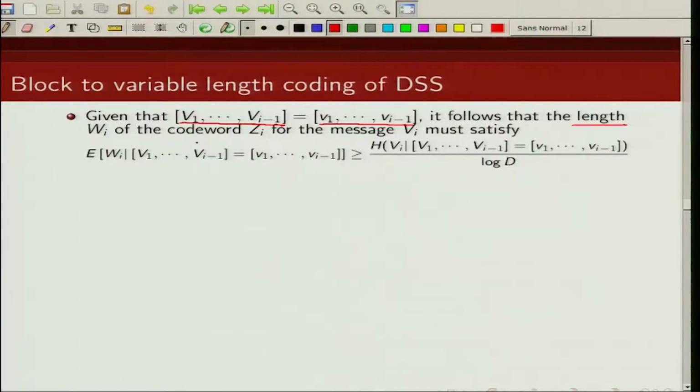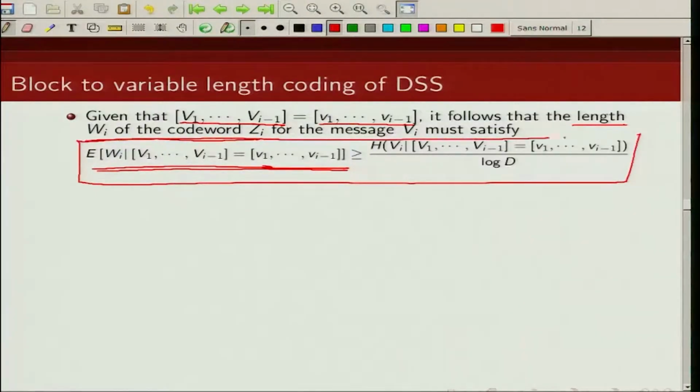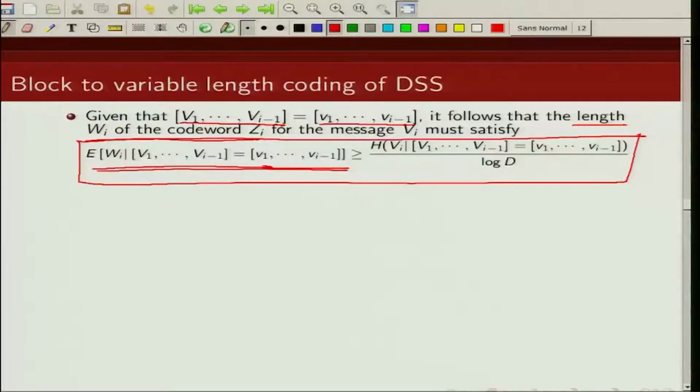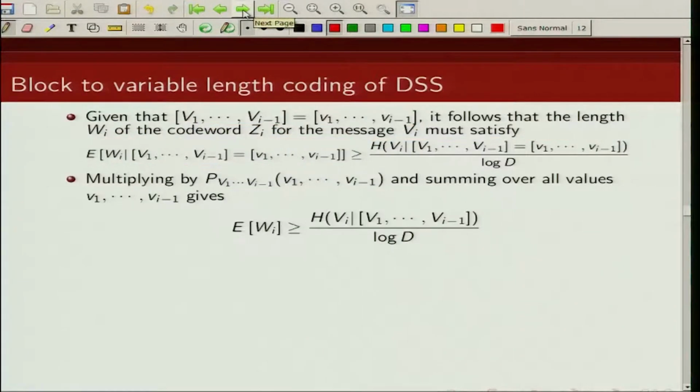So the length of this output code word Zi, given this particular input to the prefix free encoder, the expected code word length given this particular blocks of data V1, V2, up to Vi minus 1, is lower bounded by the uncertainty in Vi given this particular instance of V1, V2, up to Vi minus 1, divided by log D. This follows from the fact that the minimum number of bits required to represent the source in block to variable length encoding is related to entropy in this fashion, and we proved this when we talked about block to variable length coding.